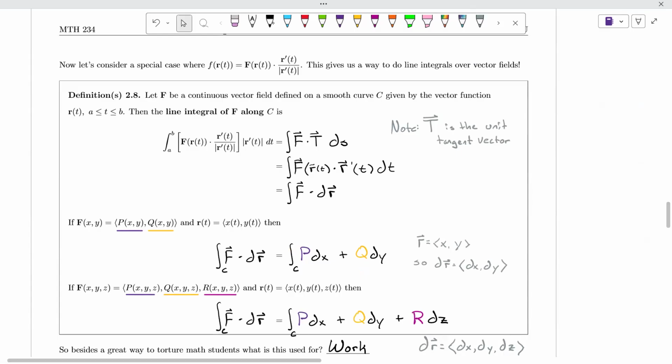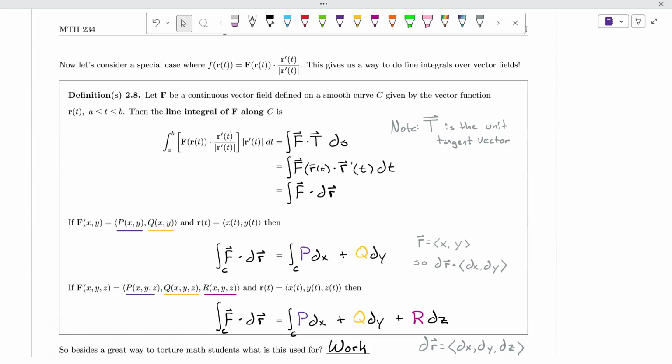In particular, we want to be looking at the dot product of our field with the unit tangent vector. That's going to be important for the derivation of the formula, but once we actually start working with it, we'll find we don't really need the unit tangent vector. The regular tangent vector will do.